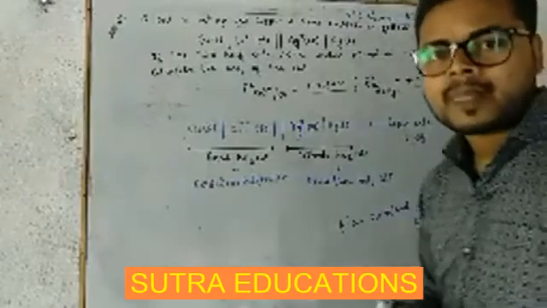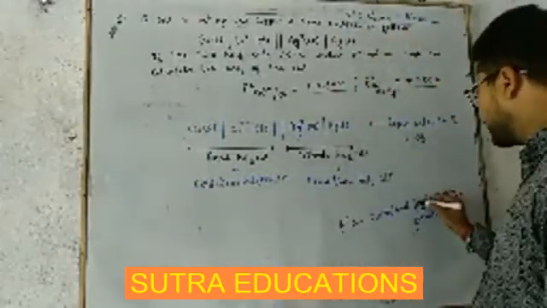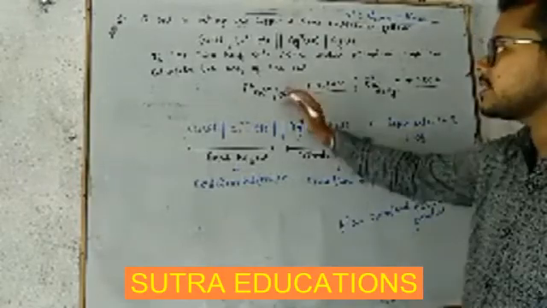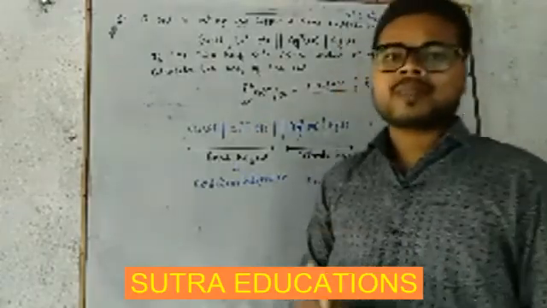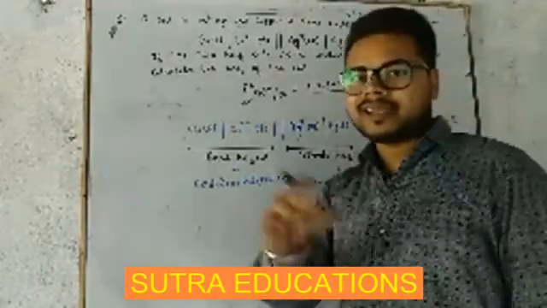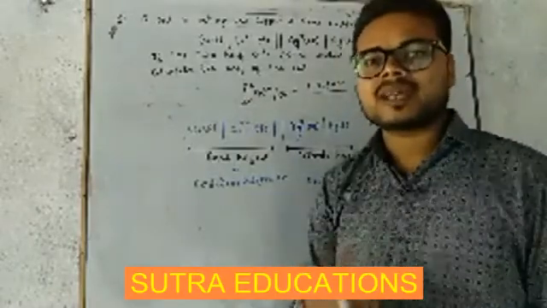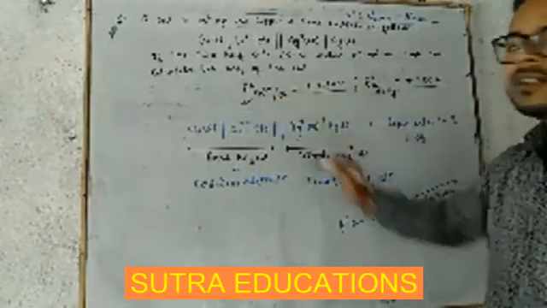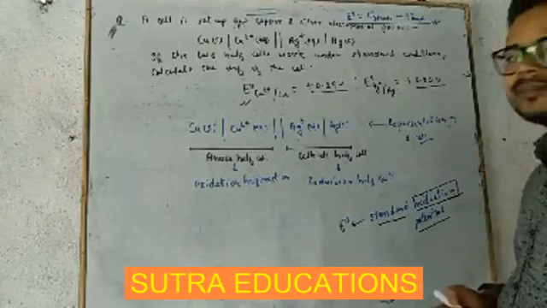Most of the time we are given the reduction potential value. If nothing is written, it means it is the reduction potential value, because IUPAC has cleared this. Only reduction potential values are acceptable. So if nothing is written here, it means it is the standard reduction potential value.